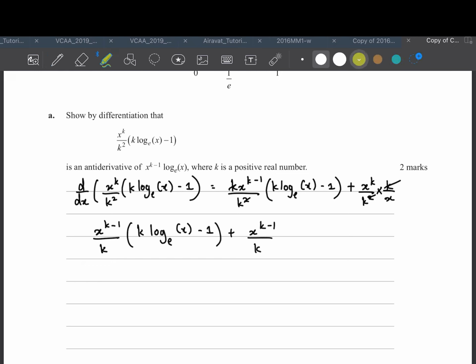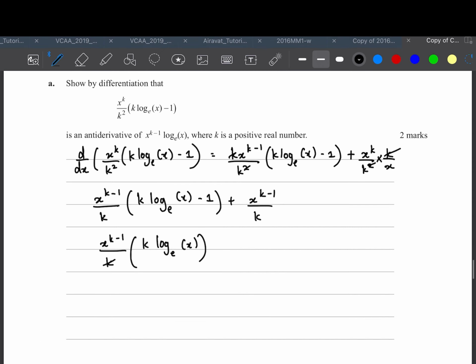And now what we can do is take this out as a common factor, because it's common in both of them. So x to the power of k minus 1 over k times k log base e of x minus 1 plus 1, and this would just become 0, so leaving us with this. Now we can cancel k and k out, leaving us with x to the power of k minus 1 times log base e of x.